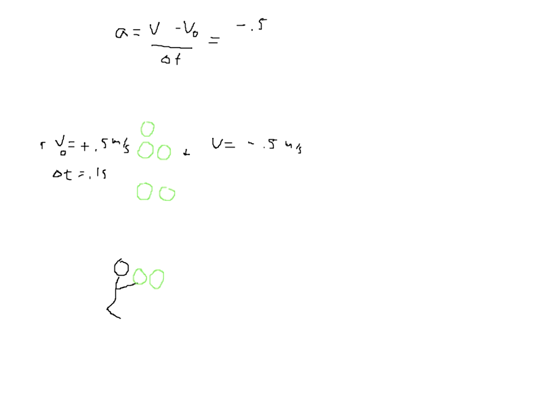V final is negative 0.5 meters per second minus V initial, which is 0.5 meters per second, divided by 1/10 of a second. So negative 0.5 minus 0.5 is negative 1 meter per second divided by 0.1 seconds. So we get negative 10 meters per second per second.